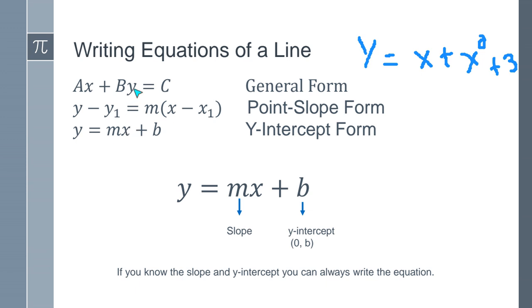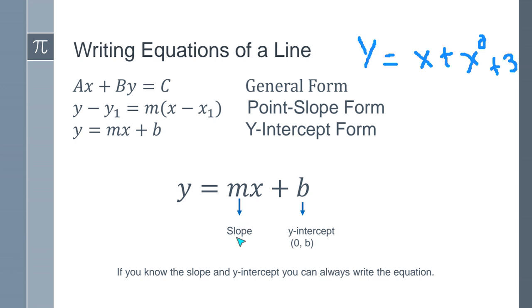Now for lines, there are 3 ways we can write the equation. We have the general form, which looks like this, ax plus by equals c. We have the point slope form, which is y minus y1 equals m times x minus x1. And then we have the y-intercept form, which is y equals mx plus b. If your equation is set up in the y-intercept form, then the number in front of x, in this case m, is your slope.